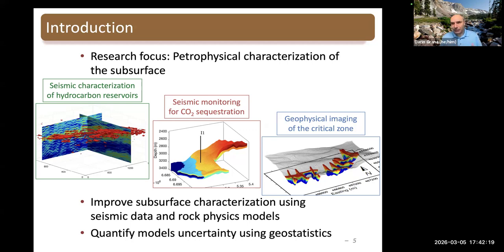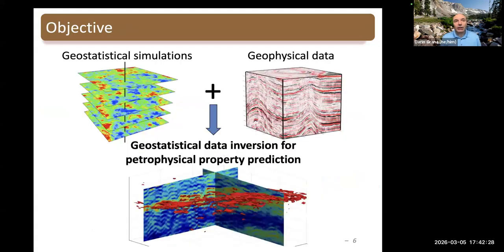And so we typically use geostatistical methods for developing these techniques to quantify uncertainty. So, what I would like you to learn today is how we can combine geostatistical simulations with geophysical data in order to make predictions of the spatial distribution of rock and fluid properties in the subsurface.